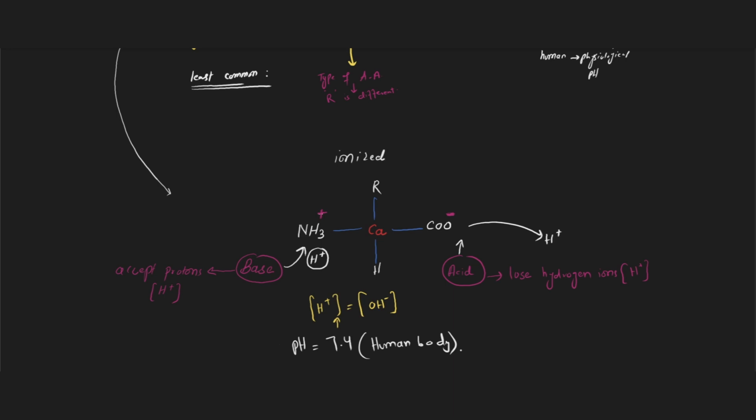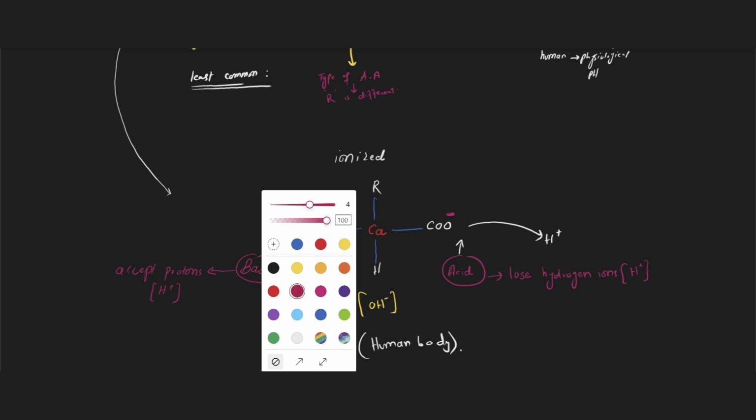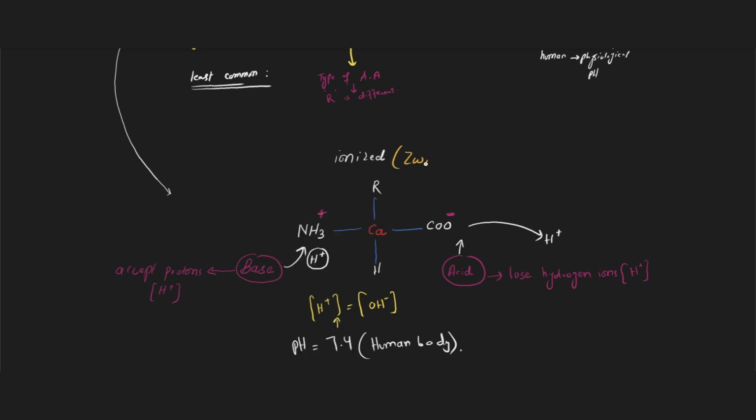And this state of the amino acid is called the Zwitterion state. So you can say that at the physiological pH in the human body, amino acids exist in the Zwitterion state, or a dipole state. Why is it a dipole state?